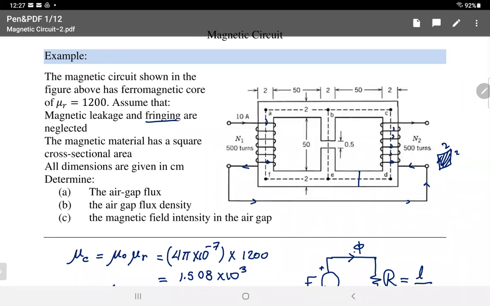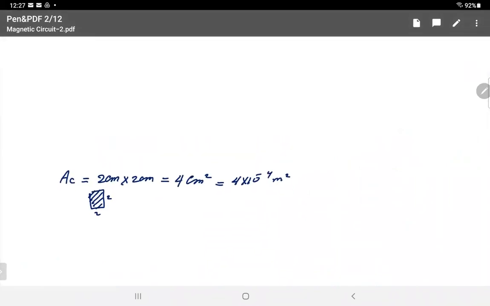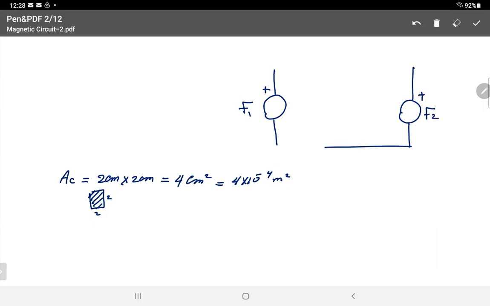So you can say now we have the source here and there. You have 2 sources. We call this F1, and the other source F2. F1 is equal to N1 I1.